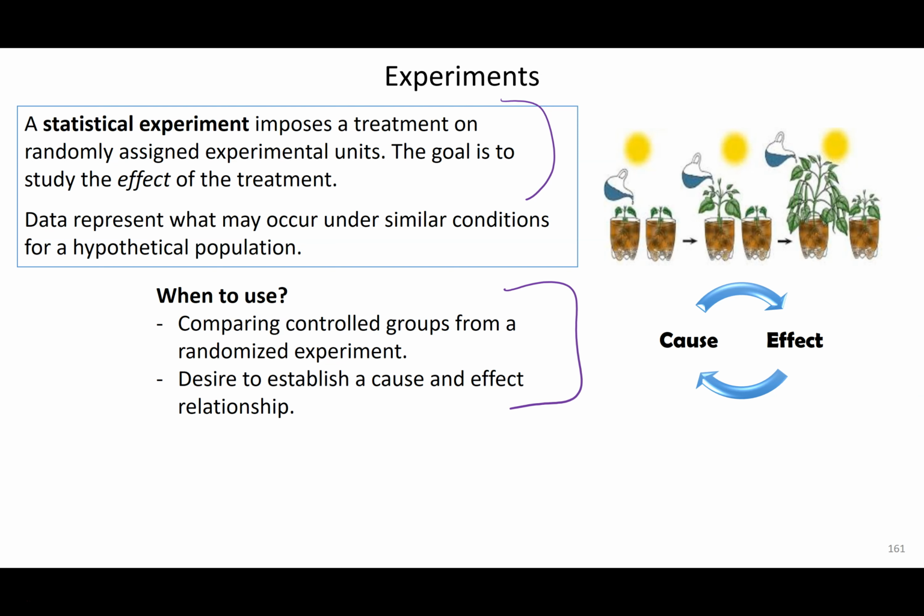Absolutely love them. So comparing controlled groups in a randomized experiment, absolutely very, very important, especially when people want to maybe change protocol. Honestly, experiments are used everywhere. You might go, hey, I want to know, is this machine better for blank?